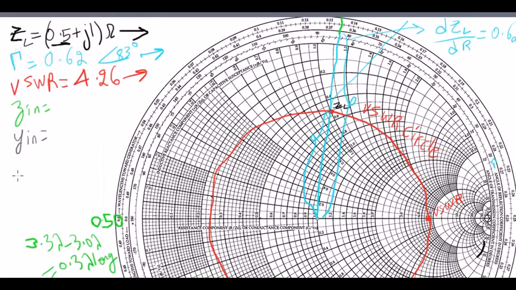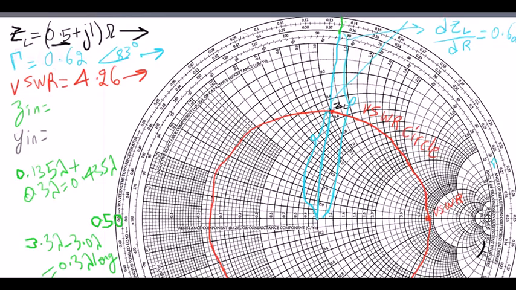By adding 0.135 wavelength plus 0.3 wavelength, you end up with 0.435 wavelength. And this will be the exact point.